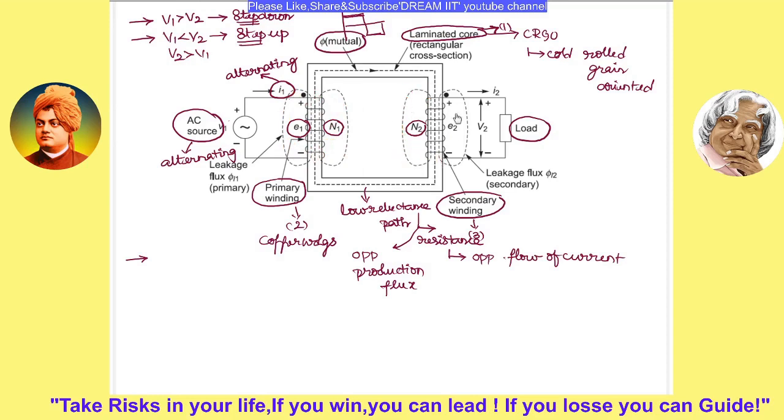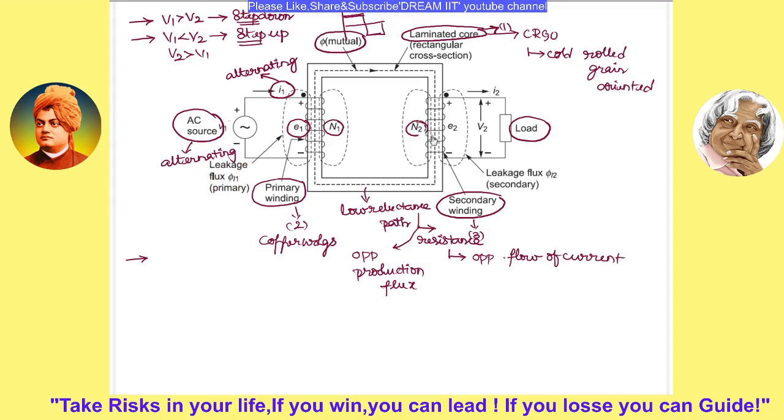Here also the leakage flux is linking with the secondary winding only. It is not linking with the other winding. That type of flux we can call the leakage flux. Here the leakage flux is given as phi l2 on the secondary side, and leakage flux phi l1 on the primary winding side. This is called the leakage flux.